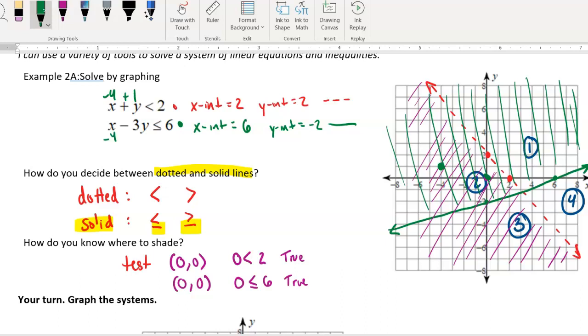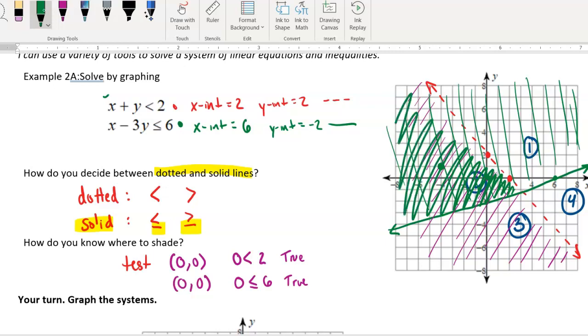If I put negative 4 in here for x and 1 in there for y, well, negative 3 times 1 is negative 3. Negative 4 minus 3 is negative 7. Negative 7 is less than or equal to 6. So both of those are true statements. I'm not going to do that for every problem, but I'm just showing you that any point in that region that we shaded in here real dark would be a point that would work in both inequalities.